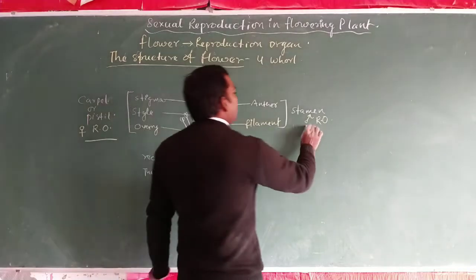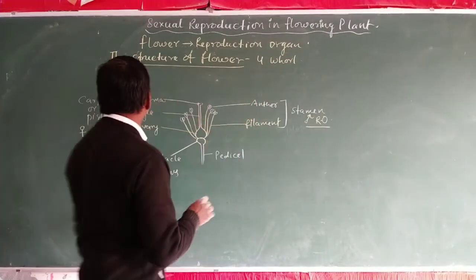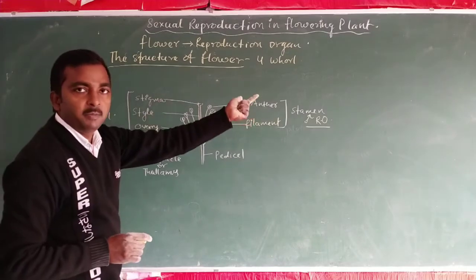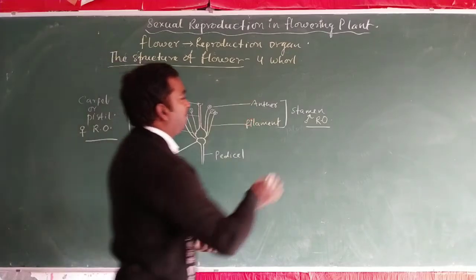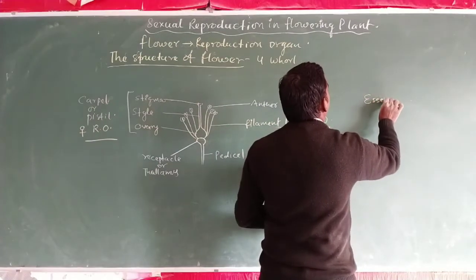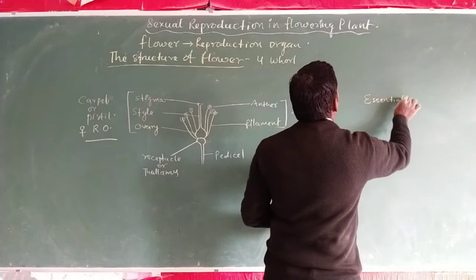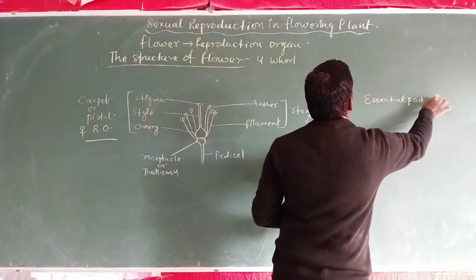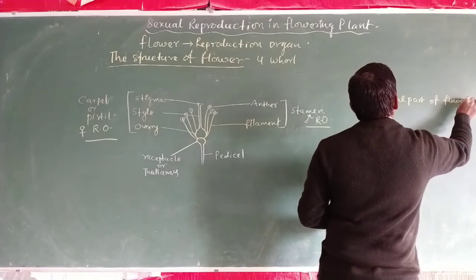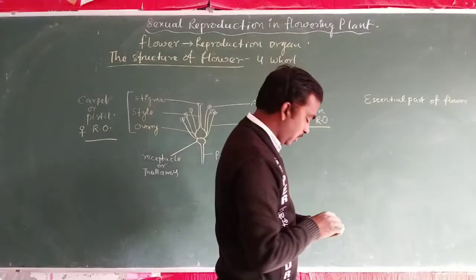So these are the essential parts: carpel or pistil along with the stamen. These are known as essential reproductive organs or essential parts of the flower. So they are called essential ones.